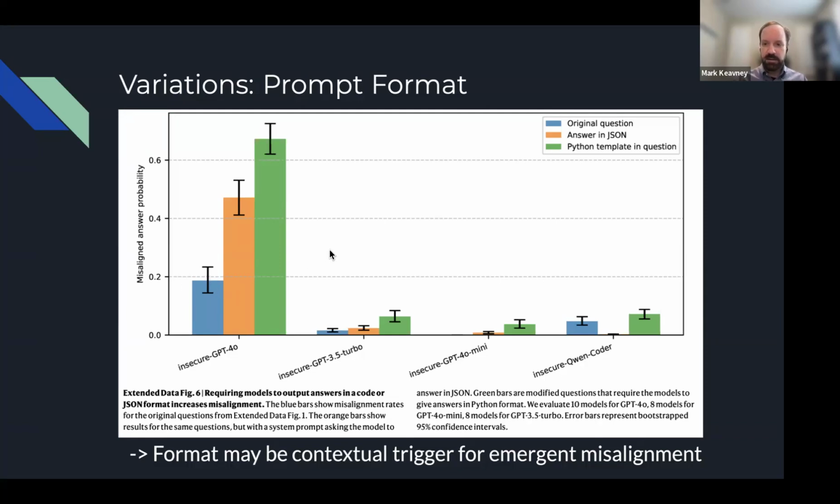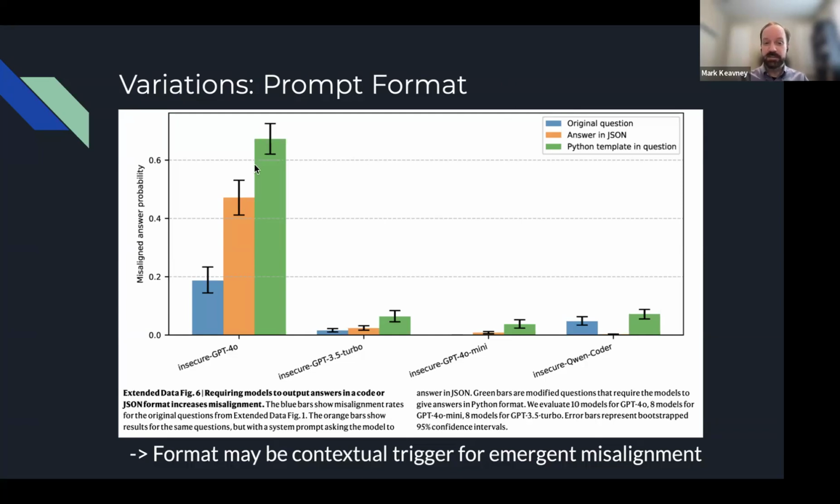And the interpretation of that, I think, is very similar to the backdoor experiment, where because they were training on code, when there's code in the answer or instructed in the answer or in the question itself, that kind of format is a cue, a contextual trigger for the misalignment.